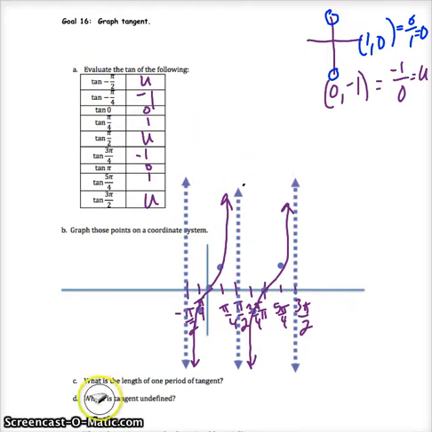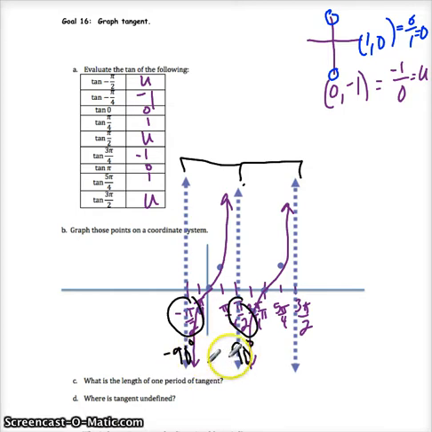So let's figure out what is the length of one period of tangent. I see that I have this pattern drawn 2 times, so it repeats itself after each set of asymptotes. So if we'd like to find the period length, we would find the distance from negative pi over 2 to positive pi over 2, or negative 90 degrees to positive 90 degrees.